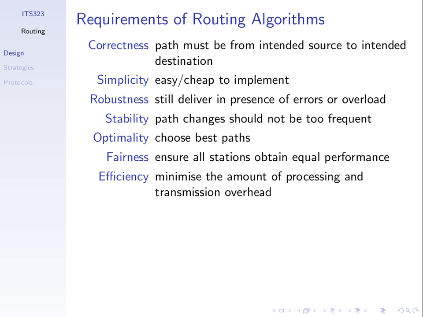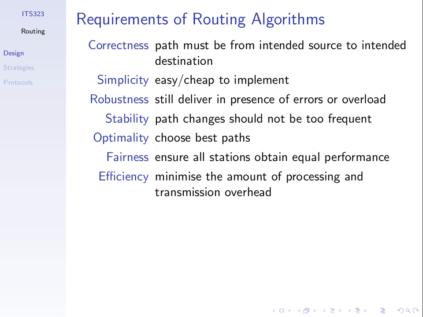In this simple example, it's possible that if the routing algorithm chooses these paths, then it could be unfair to node 1. That is, node 2 will get better performance because there are fewer hops in this case. So that's an example that we don't want unfair paths.